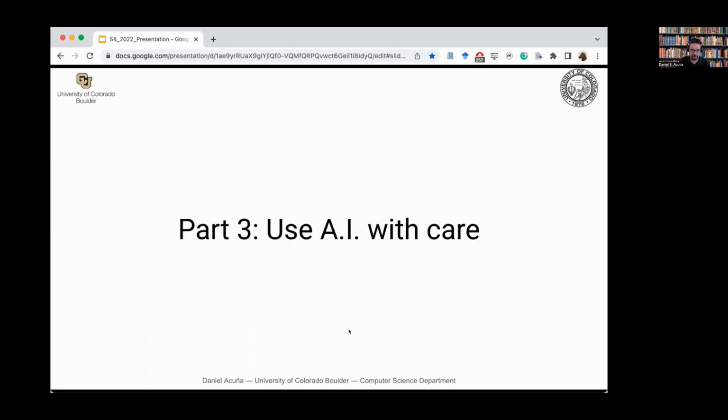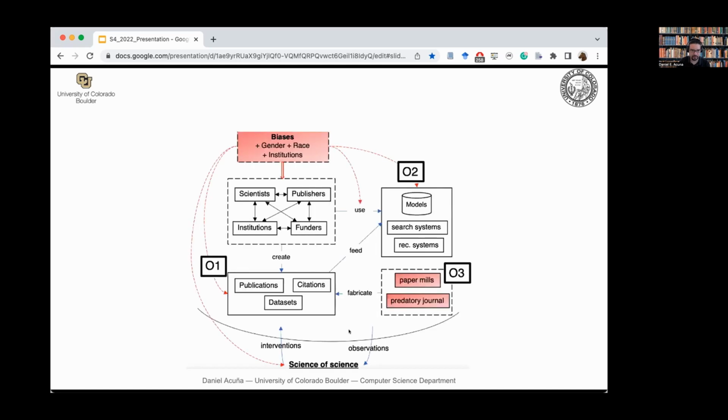Okay, so I will quickly move through the third part, which is, to me, one of the things that I'm very excited about too, and this is related to Lishan's work. In this part, we try to discover potential biases in the data that we use in science of science. I guess I'll show just this graph. We use a lot of data on scientists, publishers, institutions, funders, and related data sets.